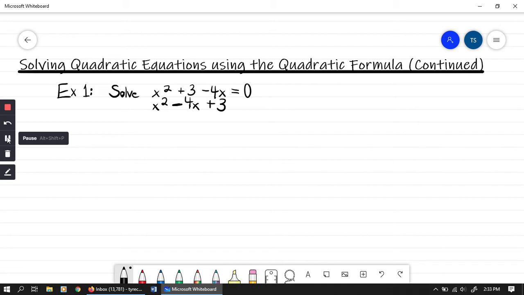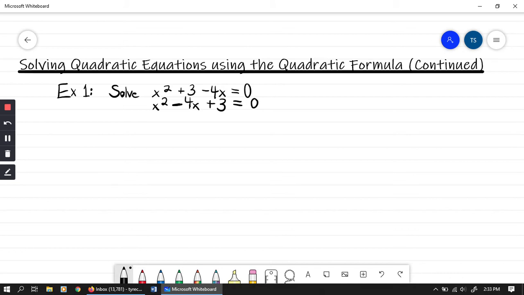We didn't have to use any inverse operations. All we did was use the commutative property, which says that we can switch the order of addition. Whatever the sign was for each term, it stayed the same. So now we do have it in the right order. It's in standard form and it's set equal to 0.